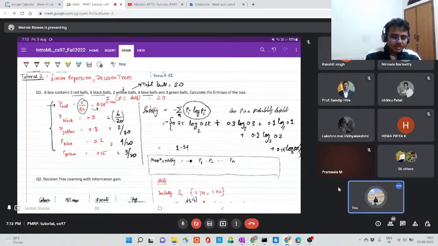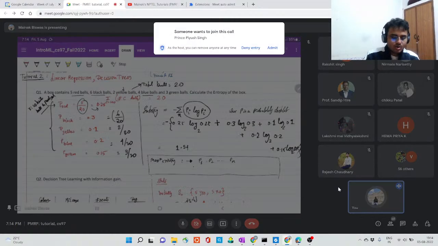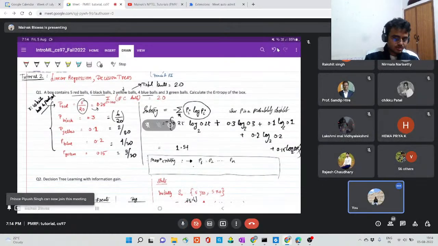You can see the realizations of the random variable x denote which ball is picked. What values can x take? It can take red, black, yellow, blue, and green, right? Yes.